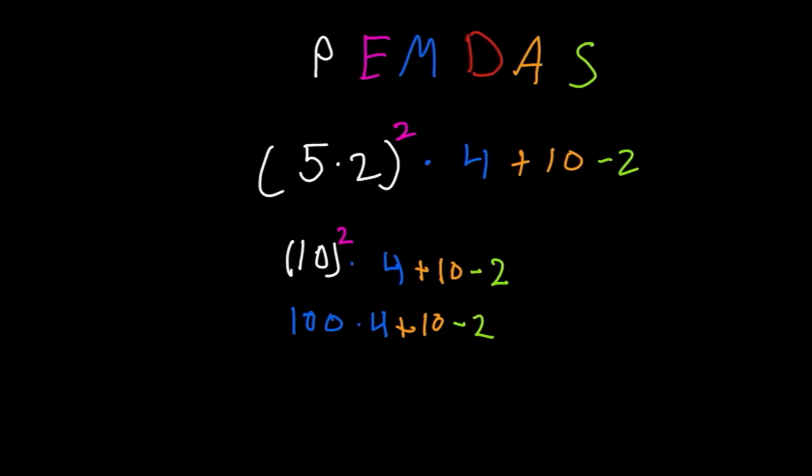So I'm going to get 100 times 4, which is 400. So then I get 400 plus 10 and then minus 2. And then I can do the addition, which is going to be 410. 400 plus 10 equals 410. And then minus 2. And that is going to be 408.